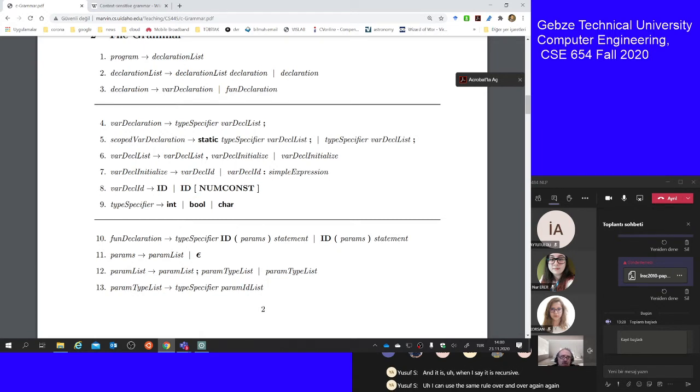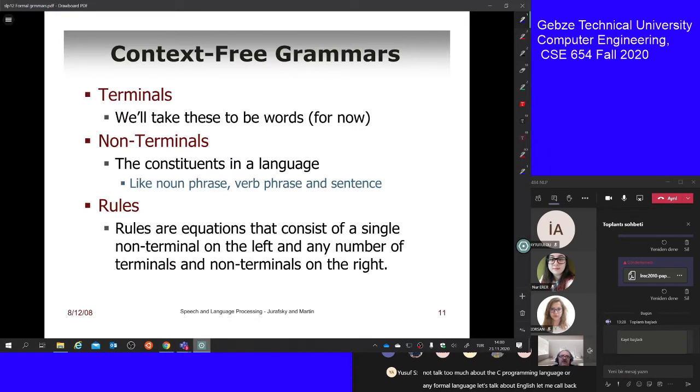Again, let's not talk too much about the C programming language or any formal language. Let's talk about English. Let me go back to this slide again. The rules are like that, and we are going to write similar kinds of rules for English. For English, our terminals are going to be our words.